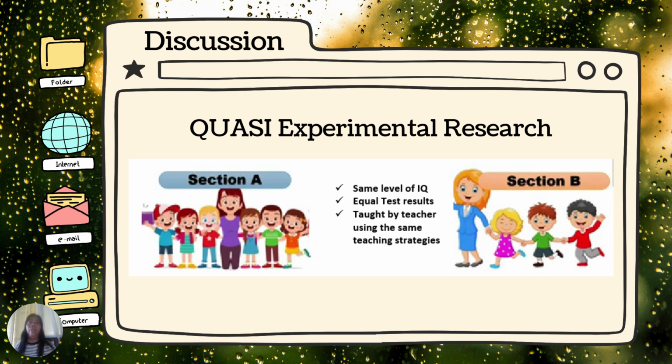In here, the quasi experiment is normally done with a certain group having the same level of proficiency, equal test results, and having the same teaching strategies applied by the teacher with this group, but they are not going to be picked out randomly.